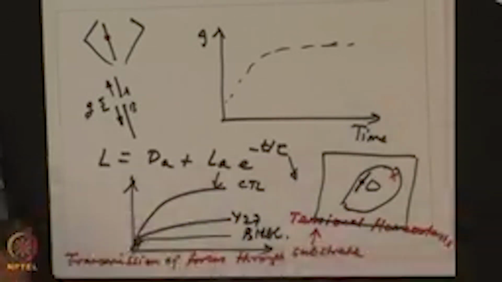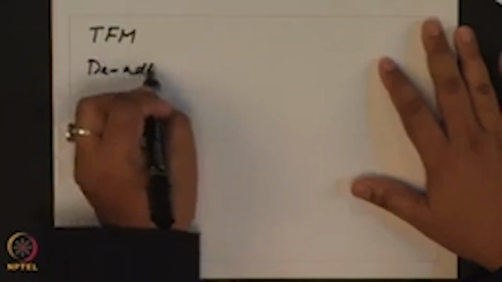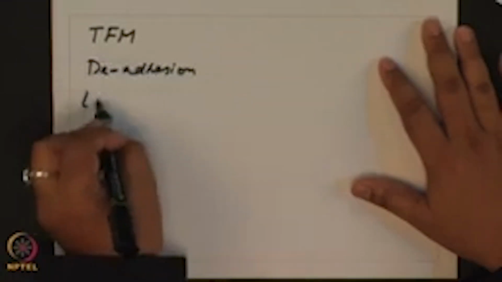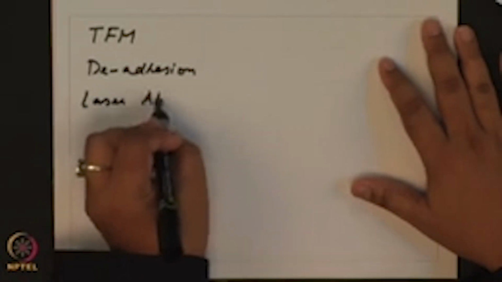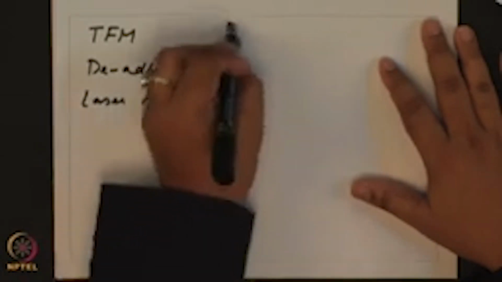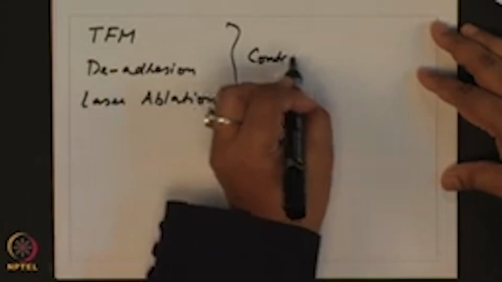Just to summarize, today I have discussed three different techniques: traction force microscopy, de-addition and laser ablation, all of which provide some estimate of contractility.